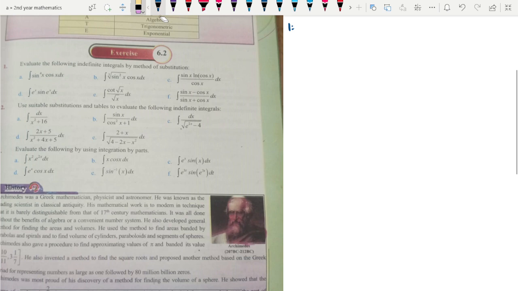Part D of the question is the integral of e^x sin(e^x) dx.